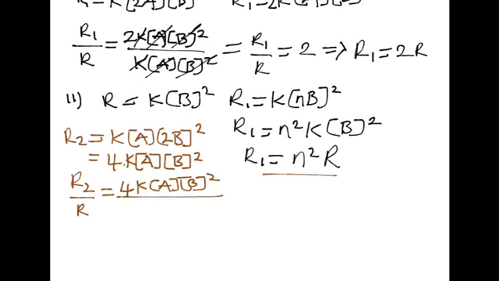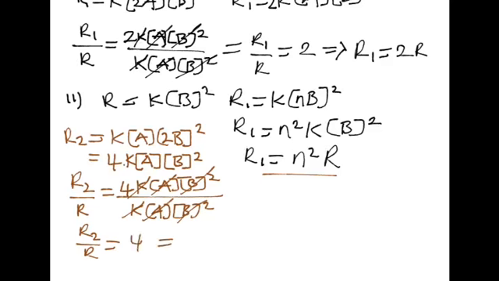So let's divide by the rate, which is our k, A, B to the power 2. So again, we have this cancelling out, this cancel out, and this cancel out, which means our R2 divided by R is going to be equal to 4.